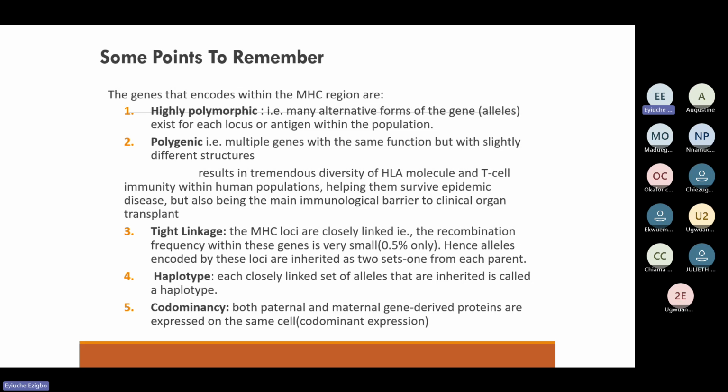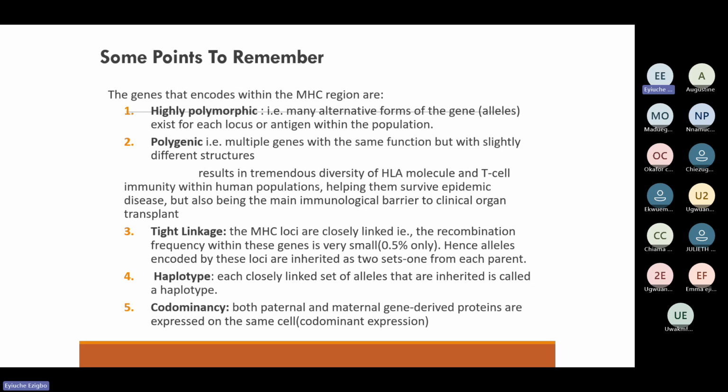This results in tremendous diversity of HLA molecules and T-cell immunity within the human population, helping them to survive epidemic disease, but also being the main immunological barrier to clinical organ transplants. Helping them to survive epidemics, because these proteins are highly polymorphic and different forms exist, they will be able to mount an immune response even to new antigens that may invade the system.